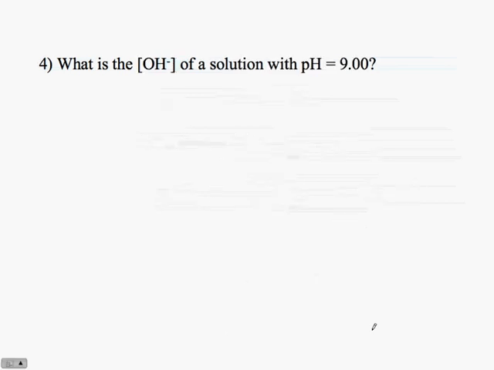Alright, let's take a look at another problem. It says, what is the hydroxide ion concentration of a solution with a pH of 9? So in this problem, we have pH equal to 9, and we want to find the hydroxide ion concentration.